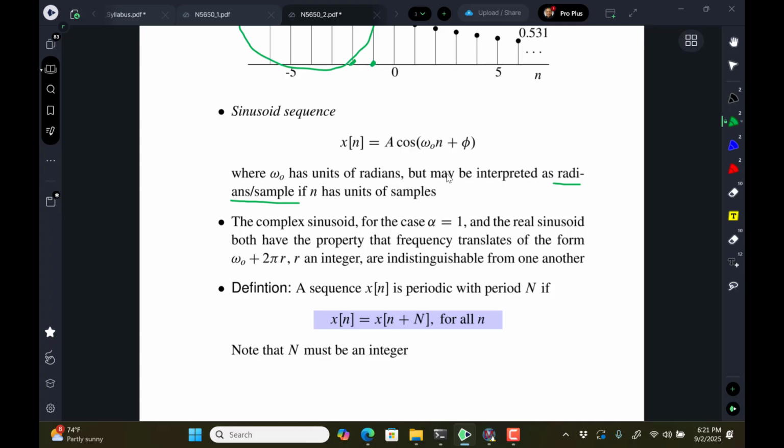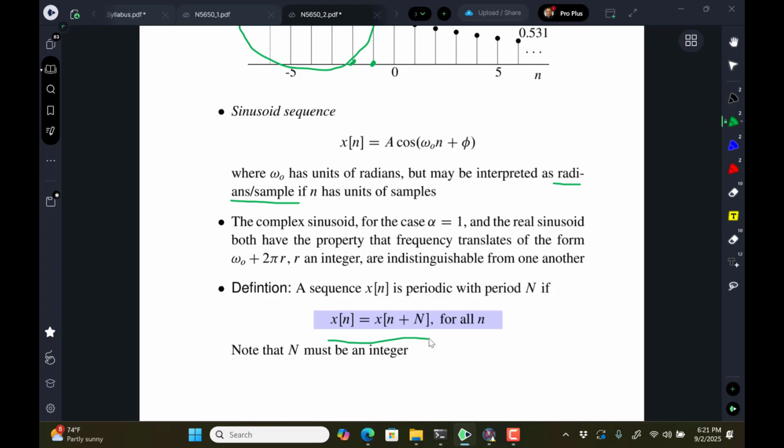Then you can have the complex version of this, but let's just for a moment study the real version. That brings up the concept that continuous time sinusoids are always periodic. You learn that at a young age, and you just think a sinusoid is always periodic. But now what about a sinusoidal sequence? Well, the concept of periodicity in a sinusoidal sequence is what's in the blue box down here: you can take the sequence and move it over by N, one way or the other, or multiple iterations of N, and then it will repeat again.